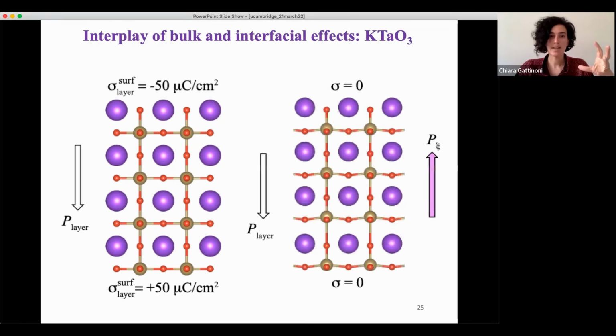And if we relax this structure using density functional theory, we find that it distorts. And it distorts in a way that it induces a ferroelectric-like polarization, which compensates the surface charges. So we can make a ferroelectric material out of a paraelectric material if there are these charge layers.